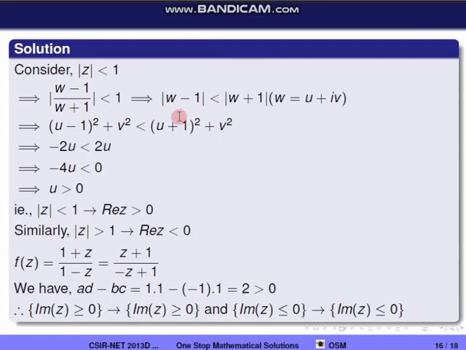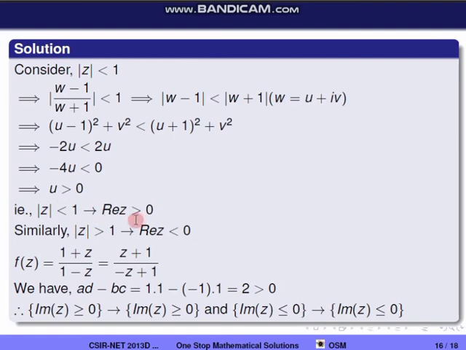So when we simplify this, we are getting minus 2u less than 2u. That is, minus 4u is less than 0. So multiplying this inequality by minus 1/4, we'll get u is greater than 0. That is, in the w plane, mod z less than 1 is mapped to the real part being greater than 0.